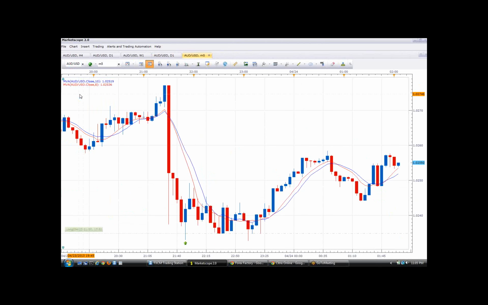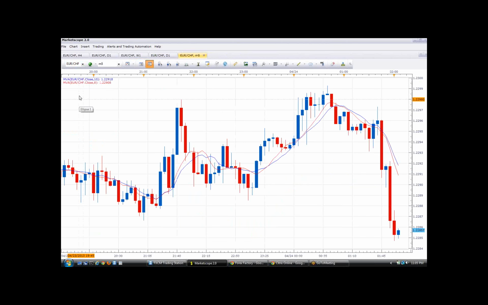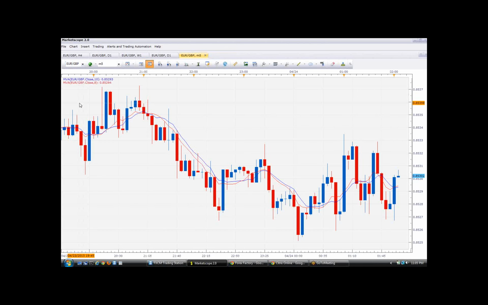Angie has a question: how to change M5 to M3. So you have to do it manually, Angie. Manually, M3. Say, for example, John, can you do me a favor for now, please? Where it says M5 next to Euro Pound, put your cursor inside the box on the left hand corner.